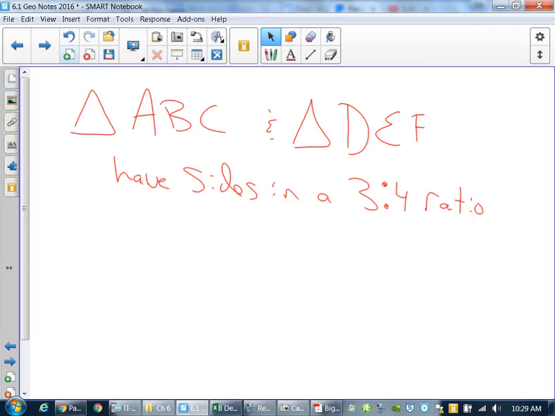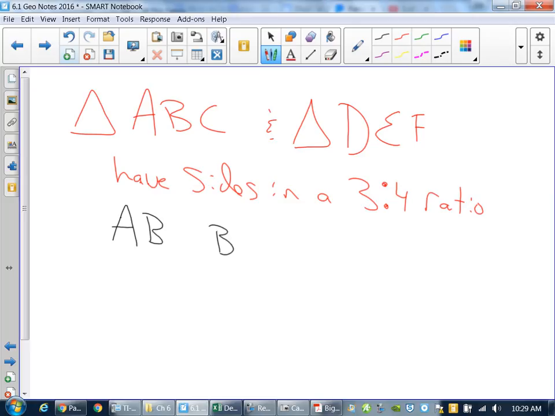So which one was written down first, ABC or DEF? ABC. So that means that if I say side lengths, do I need to draw a picture? Can we figure out the 3 side lengths of the triangle ABC? I have side length AB, BC, and AC. Everybody okay with that? That's what it would look like.